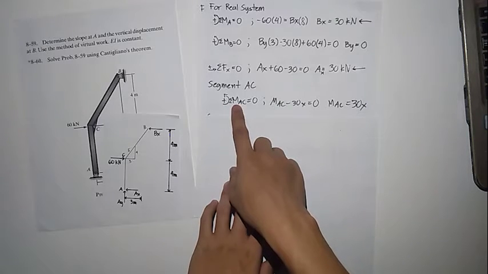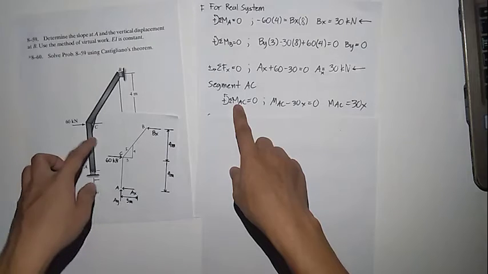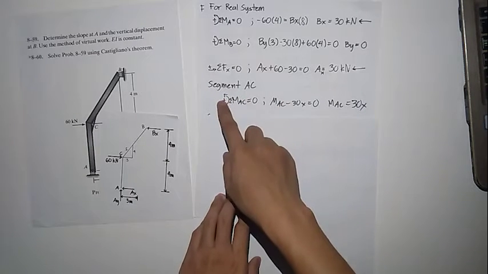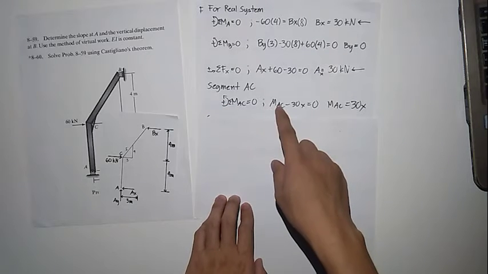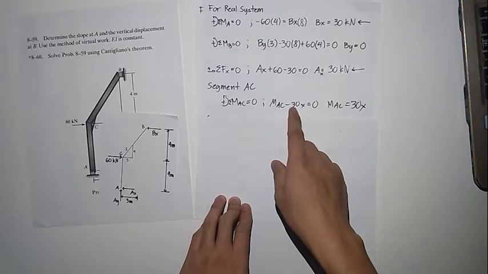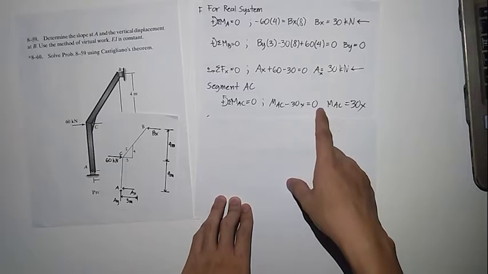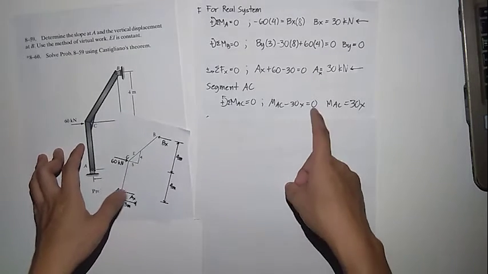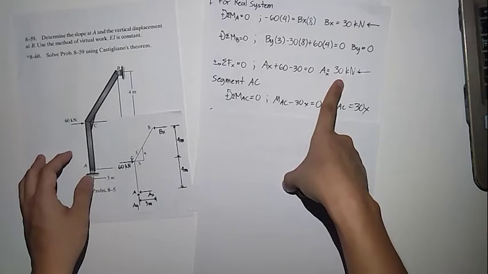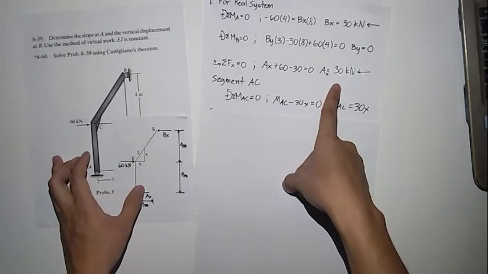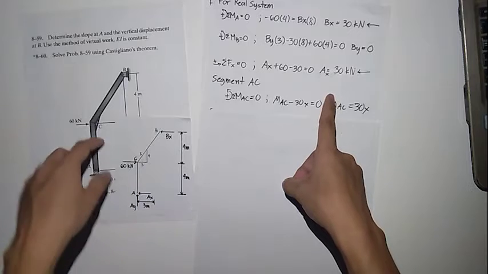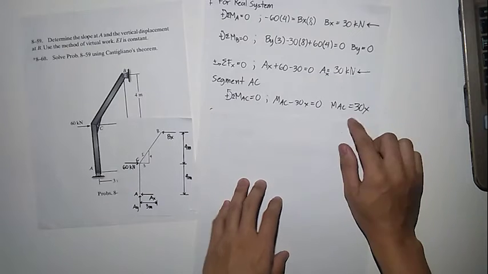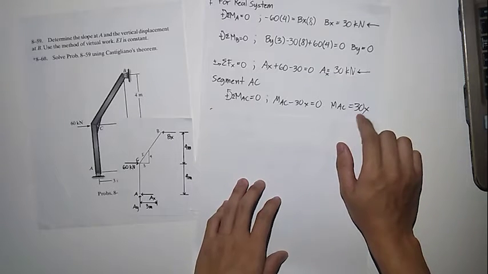Magmo-moment po tayo at AC kasi dito po tayo nag-cut, where it is positive when it is counterclockwise. So, MAC minus 30x equals 0. 30x na po kasi sa gitna po tayo nag-cut. Ang AX po natin ay 30, times x po na yung moment arm. So, ang MAC ay 30x.